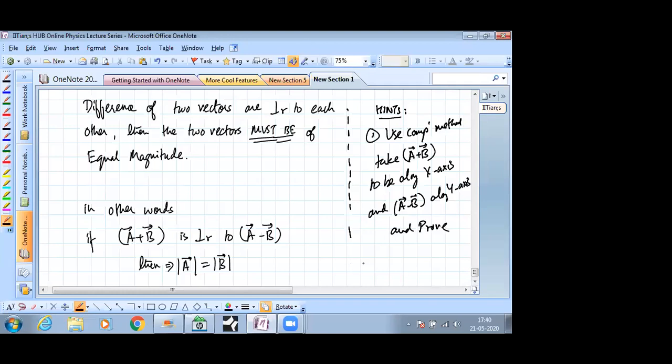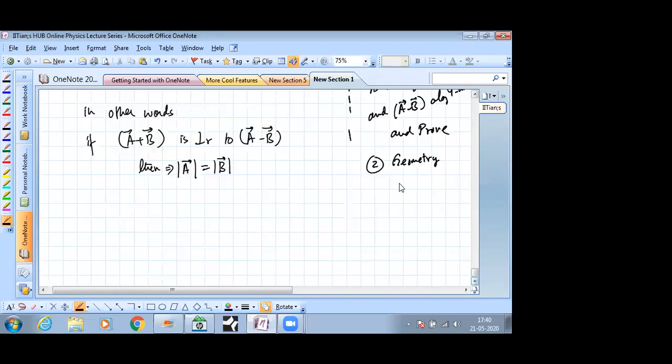Use that. Okay. Or secondly, you can also go by geometry. So if you go by geometry, use the parallelogram law. Use the vector parallelogram for vectors A and B, and the condition given.